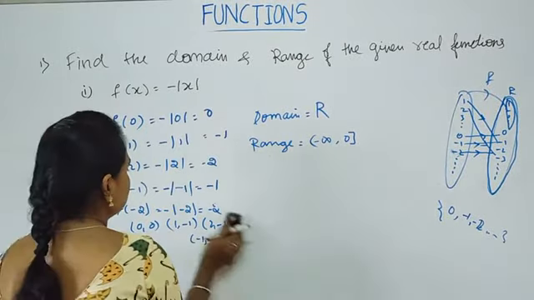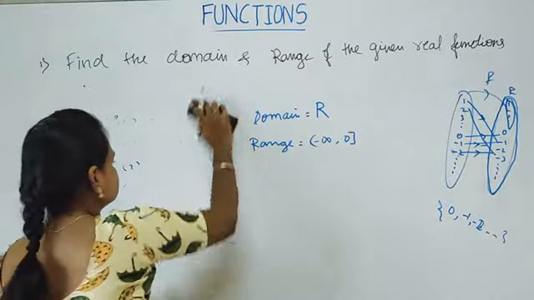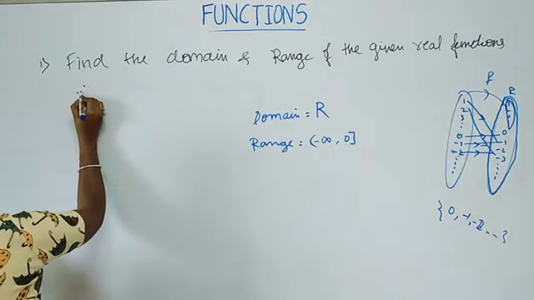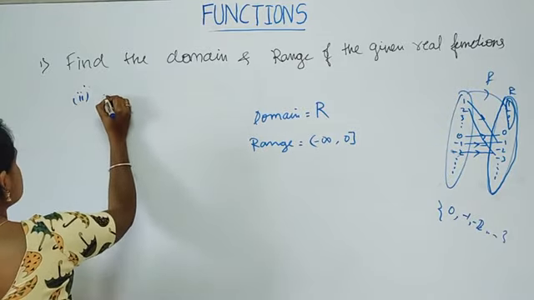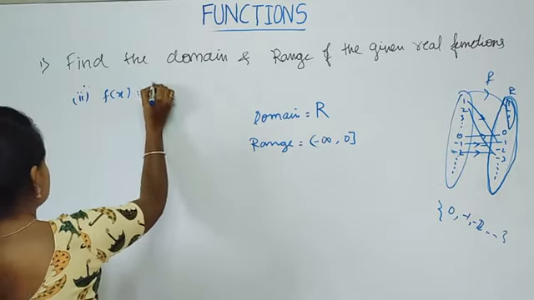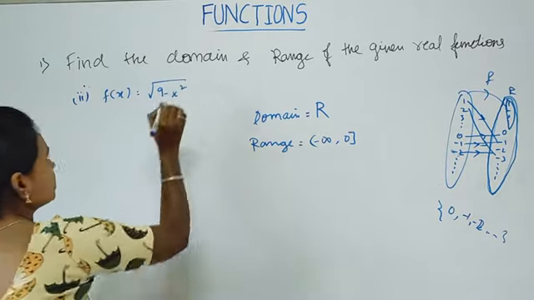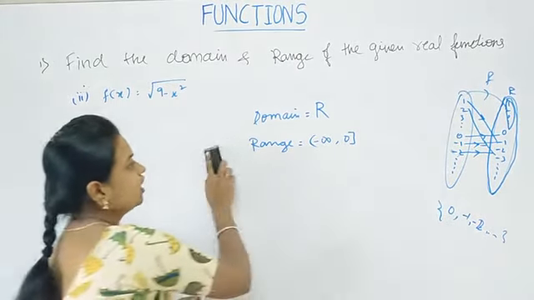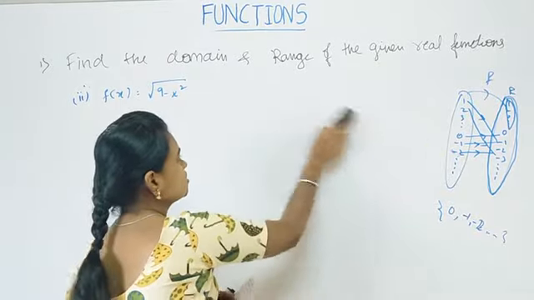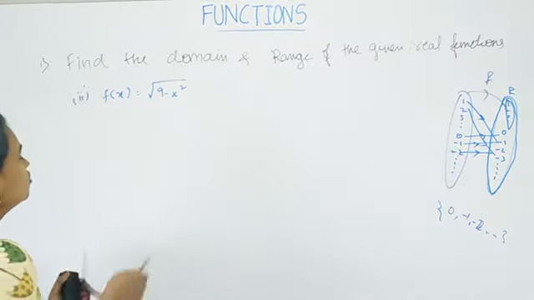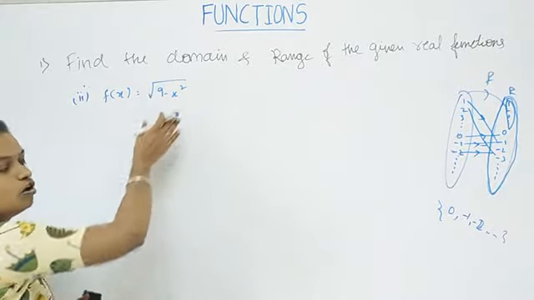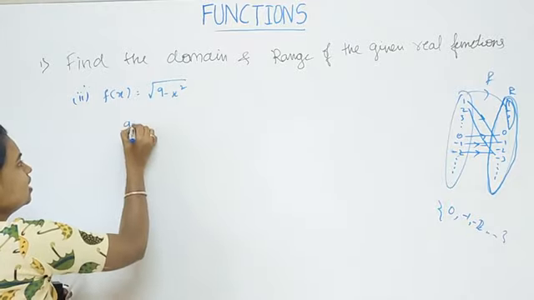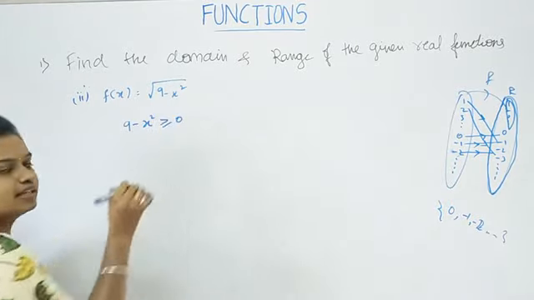Similarly, we have one more problem. In the second one, f of x is equal to square root of 9 minus x square. This is also a real function, and we have to find the domain and range. Given that f of x is equal to square root of 9 minus x square, this function is defined only when 9 minus x square is greater than or equal to 0.